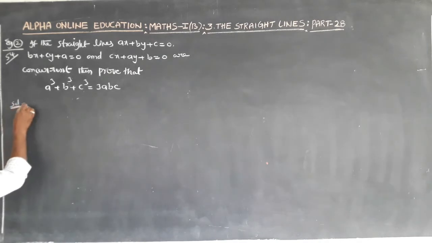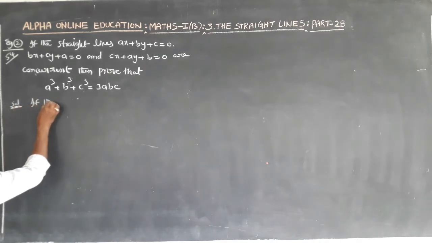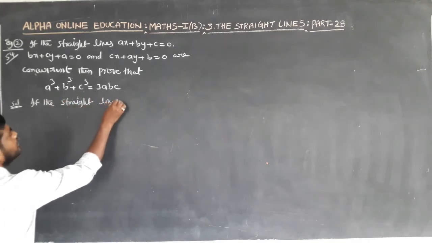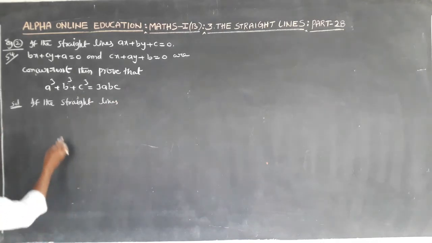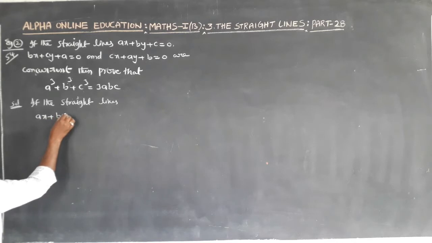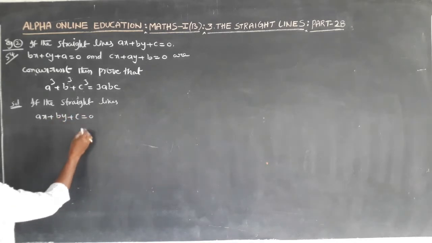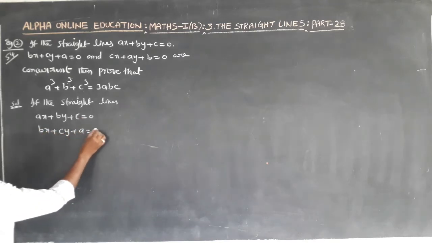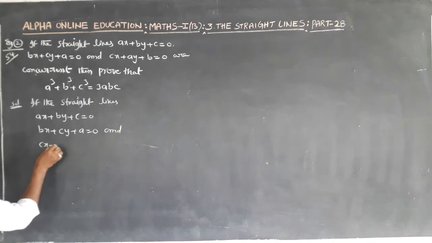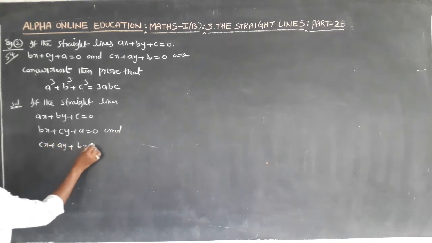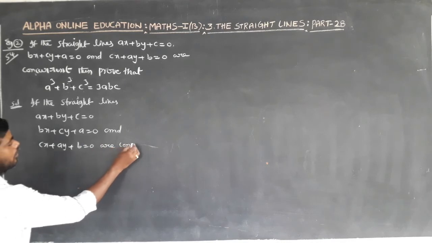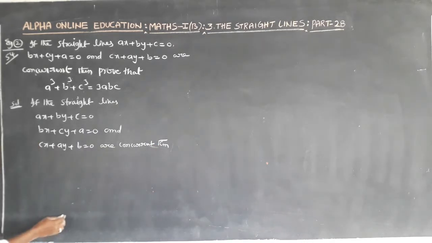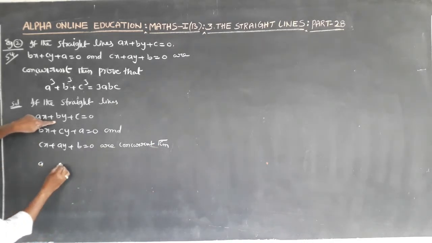Equation of the straight lines: if the straight lines ax plus by plus c is equal to 0, bx plus cy plus a is equal to 0, cx plus ay plus b is equal to 0 are concurrent, then the determinant value is equal to 0.